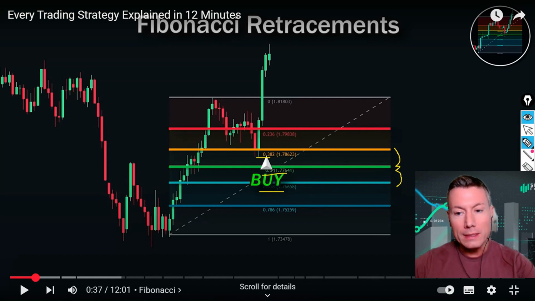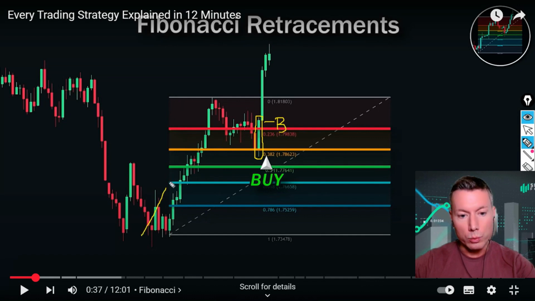When price does, we're looking for a reason to enter the trade, right? And you can see here we get a nice big bullish candle. We don't know what time frame this is, but it could be any time frame, right? We get a nice bullish candle, and we could start buying this from here because we're in an uptrend and we look for a retracement to one of these levels.